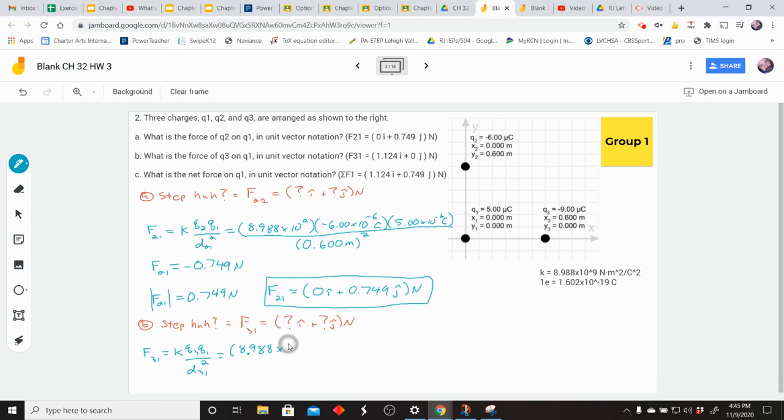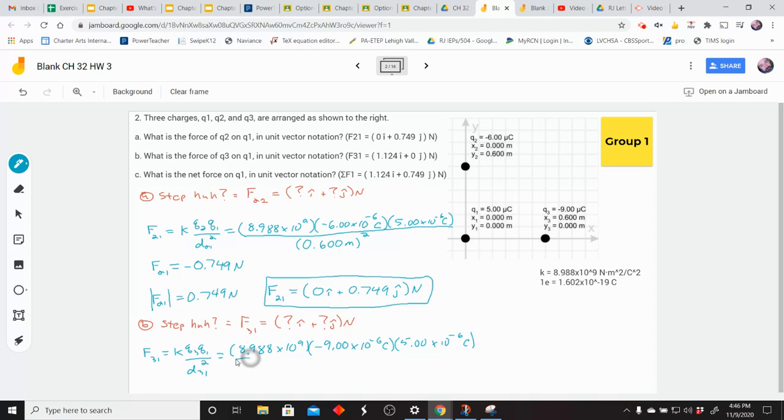So 8.988 times 10 to the 9th times Q3. What is Q3? Q3 is minus 9 microcoulombs. So minus 9.00 times 10 to the minus 6, because that's what micro means, coulombs, times Q1, which is again 5 microcoulombs. So 5.00 times 10 to the minus 6 coulombs.